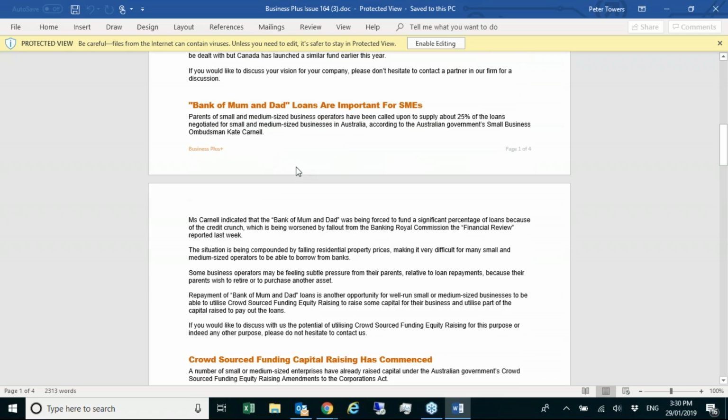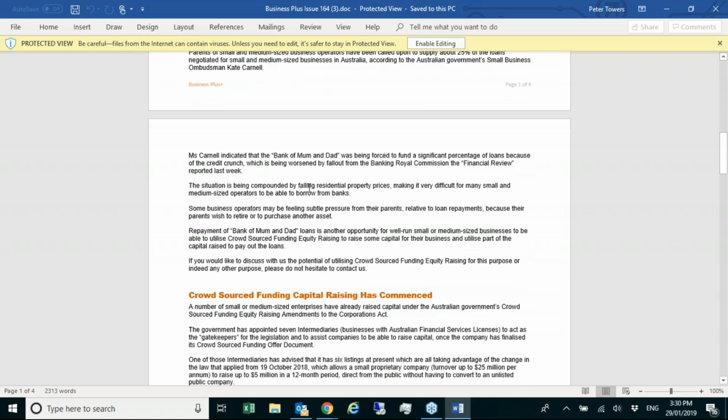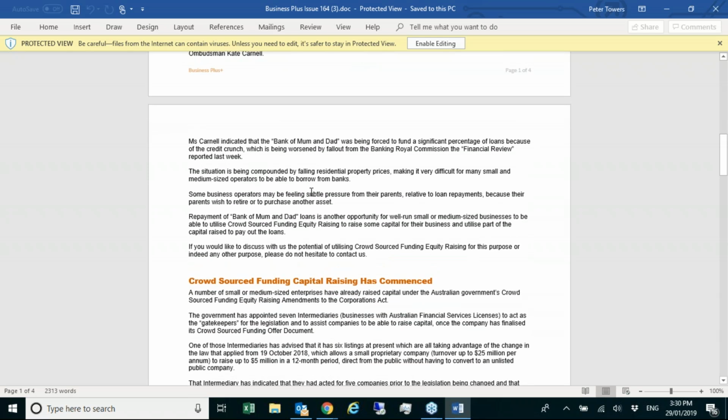We then talk about mum and dad loans, because Kate Carnell, the small business ombudsman, has indicated that they represent 26% of borrowings by SMEs. We were linking that commentary into crowdsourced funding and saying, well, perhaps this is a reason why your clients might be interested in crowdsourced funding, because they've borrowed from their parents or their grandparents who now want to do something with that money.